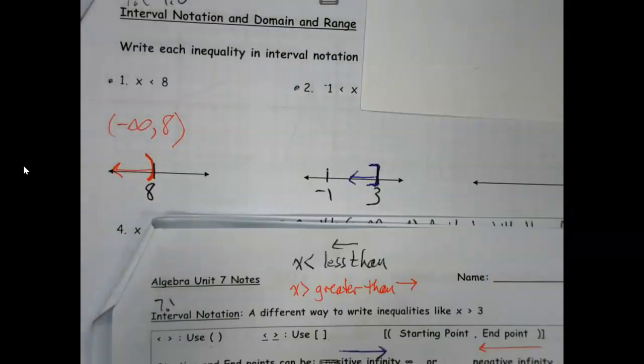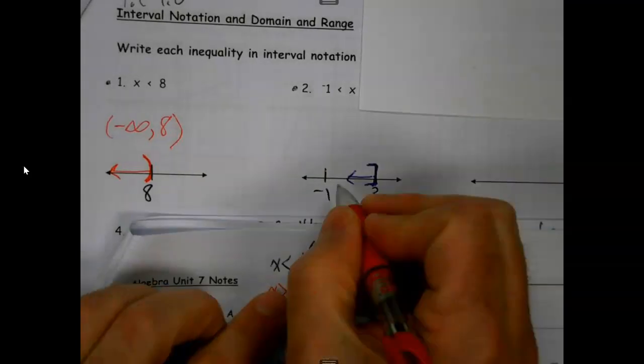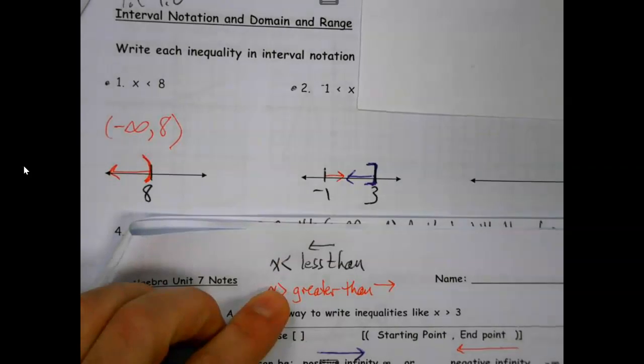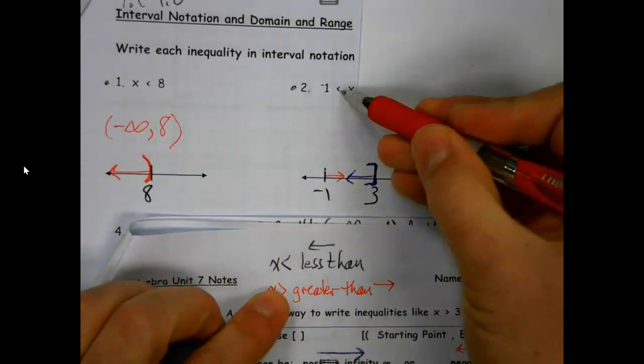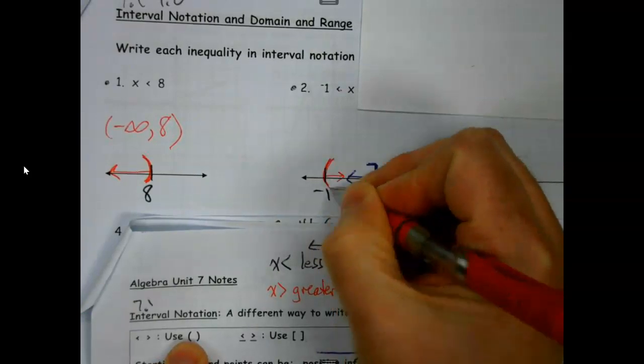And this is the part where we got to make sure, again, that we're not getting sucked into arrow following. We're not going left here. Okay? The arrow is eating X. Arrow eats X, that's greater than. No line underneath. We're using a parenthesis.